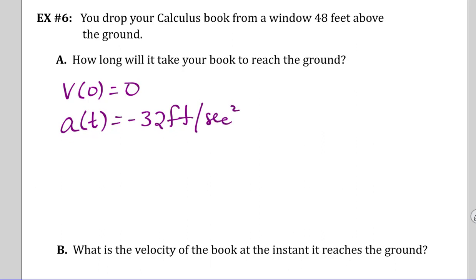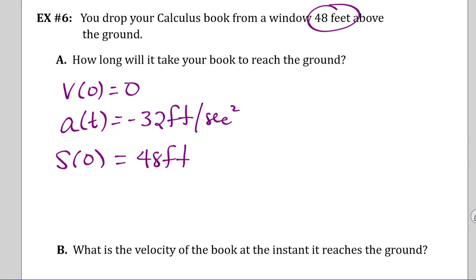We're going to use that since they didn't tell us anything else about the acceleration of the object. And the other thing that we know is that at the beginning of this process, the position of the object was 48 feet. Okay, so that's what we know.